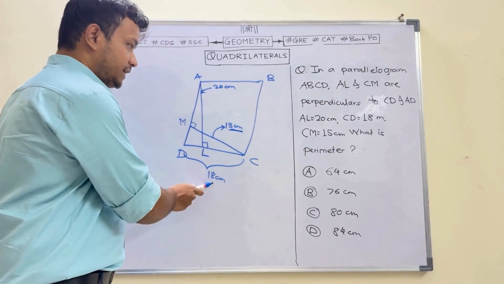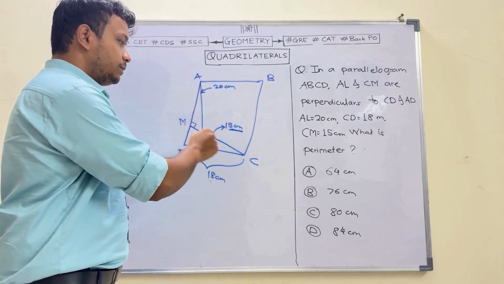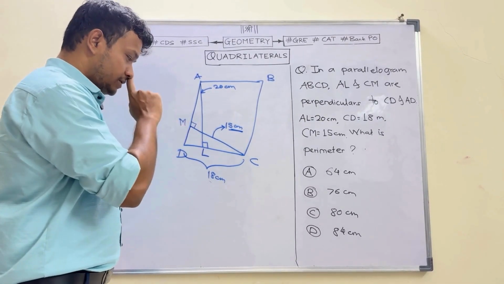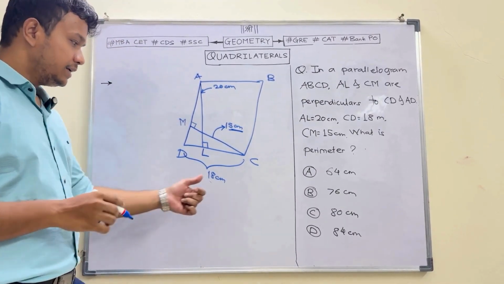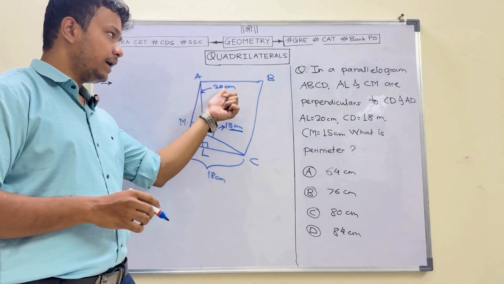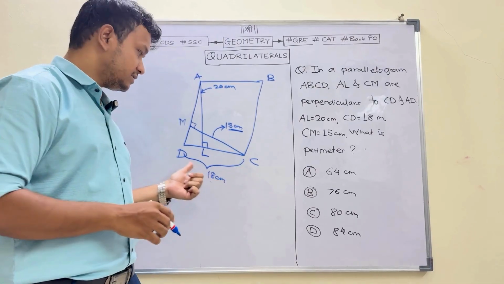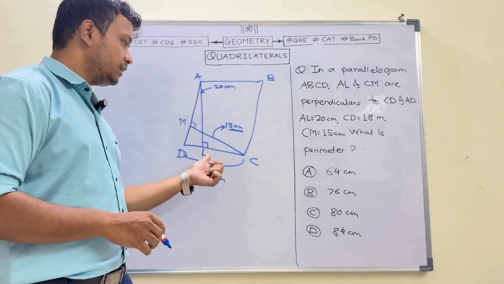Now we know one of the sides, we don't know the side AD, correct? But we know the lengths of perpendicular distances. So what we'll do, we'll first compute the area of this parallelogram. How can we compute area? It is length into height, correct? So I know the length if I consider CD side as a base. So this will be my length and AL will be my height.